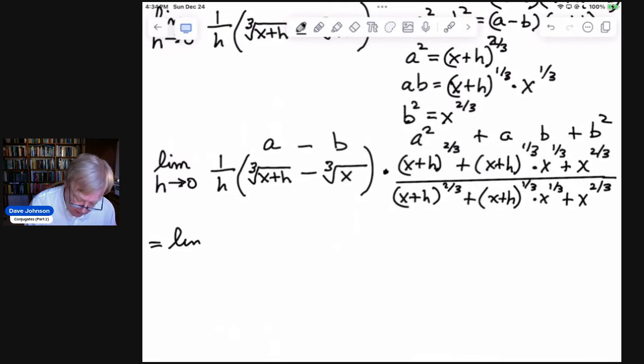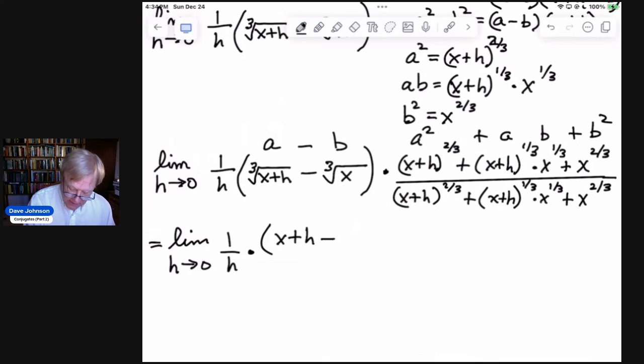So limit as h goes to 0, the 1 over h doesn't move. And now upstairs, we're going to have the a cubed minus b cubed. Well, a cubed is just x plus h minus, and then b cubed is just your x.